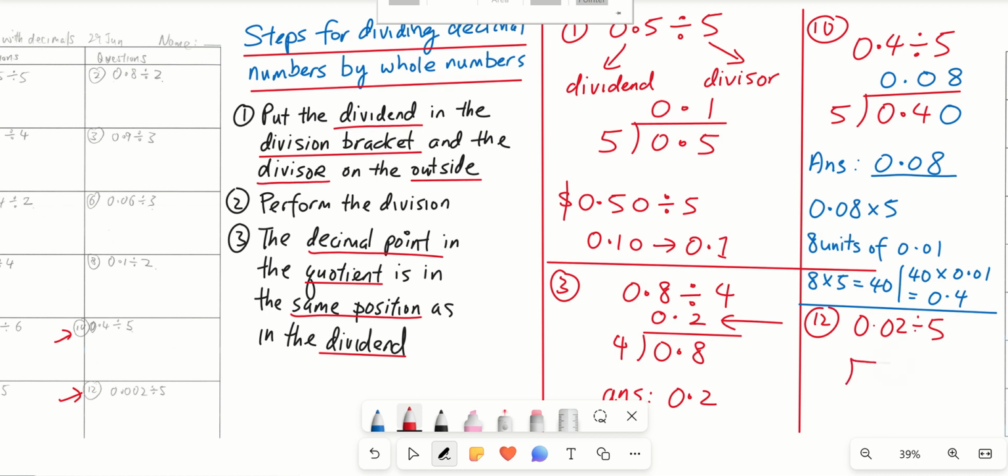I'll put 0.002 in the division bracket and 5 on the outside.